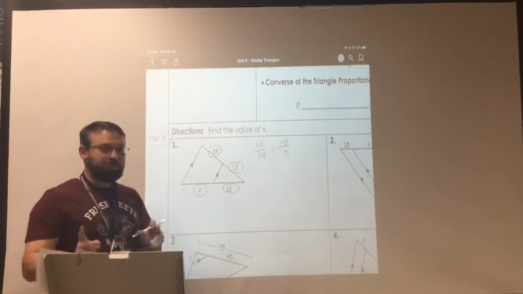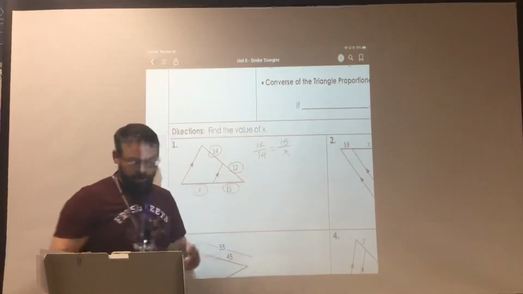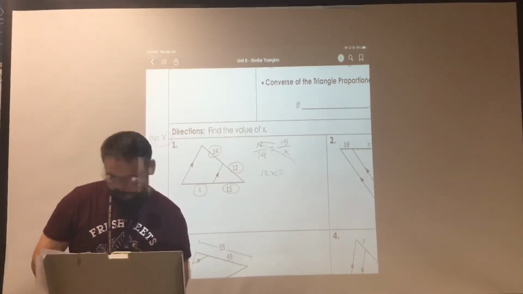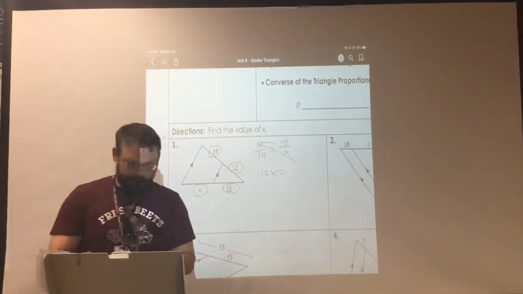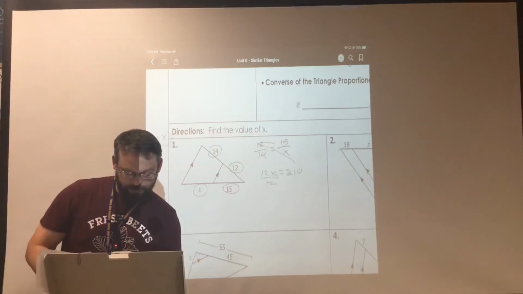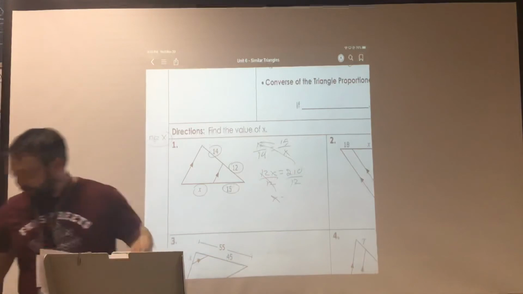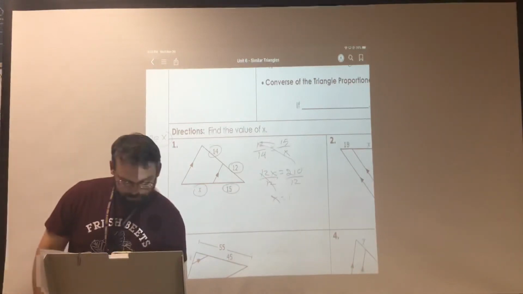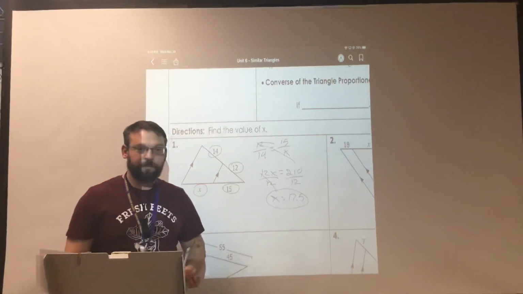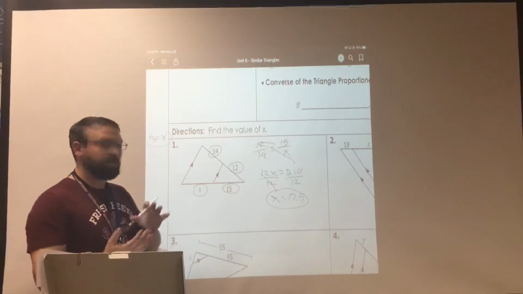Notice how I made sure that if I started here and here, I followed the same format. So 12 times x, 12x, 14 times 15 is 210. Take 210 divided by 12, and I have 17.5. Same thing.